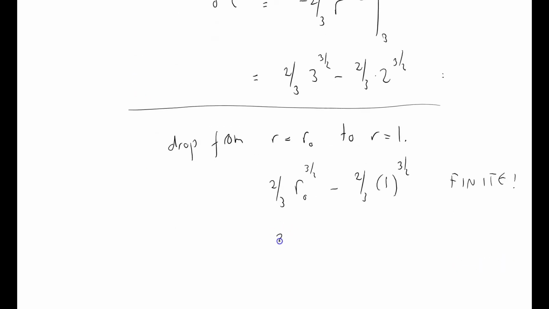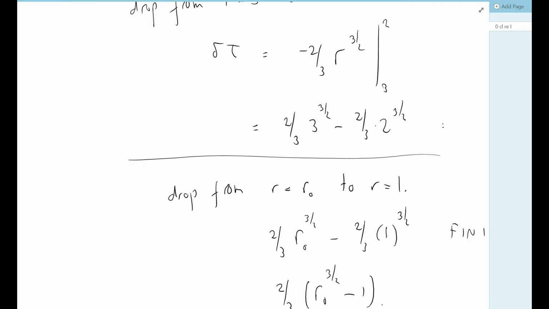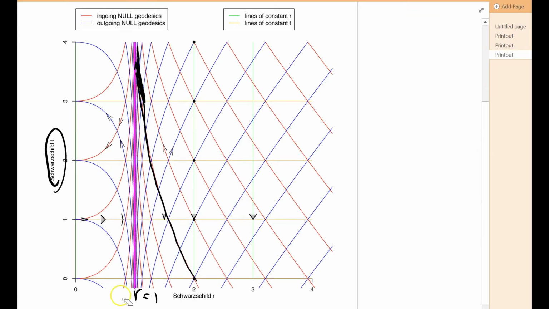I can factorise it a little bit: 2/3 times r0 to the 3 over 2 minus 1. Very finite, for any value of r0. It takes a finite amount of time to reach the event horizon, which is in stark contrast to the picture of the Schwarzschild geometry, in which even ingoing light rays take an infinite amount of Schwarzschild time to reach r equals 1.